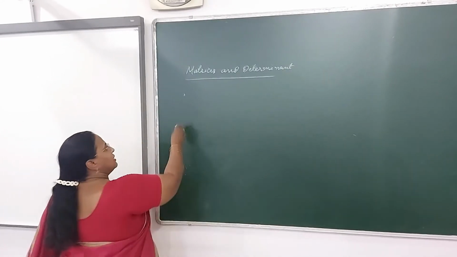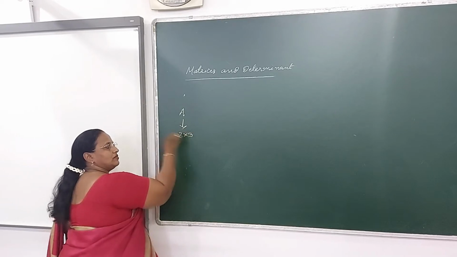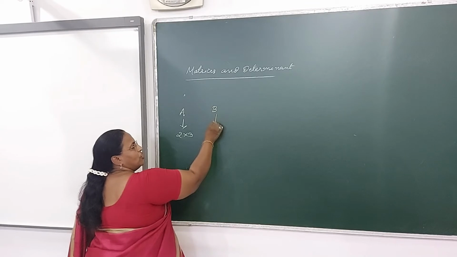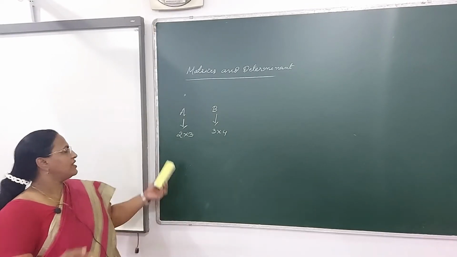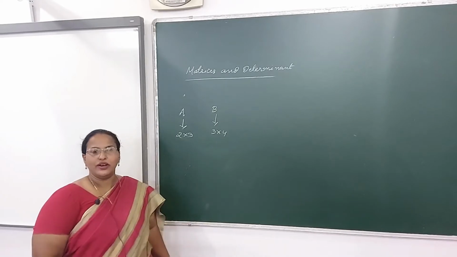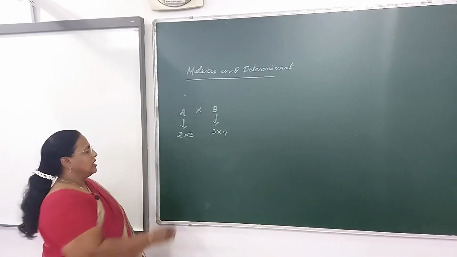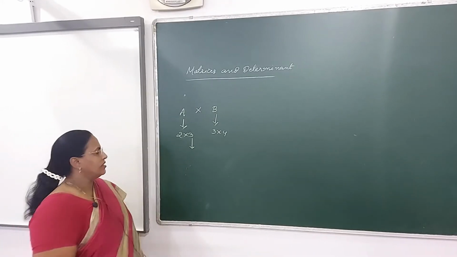Let A be a matrix of order 2 by 3 and B be a matrix of order 3 by 4. Let us understand whether these two matrices can be multiplied or not. Here you see the number of columns of the first is 3.